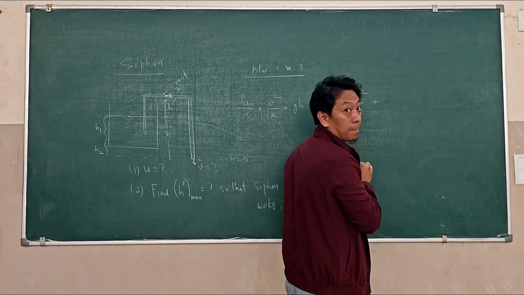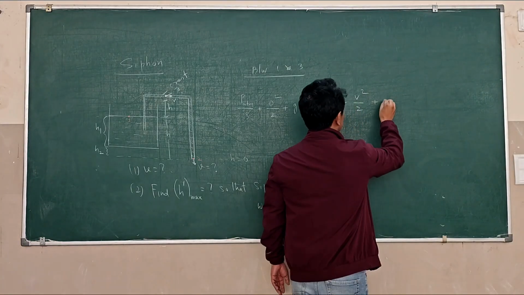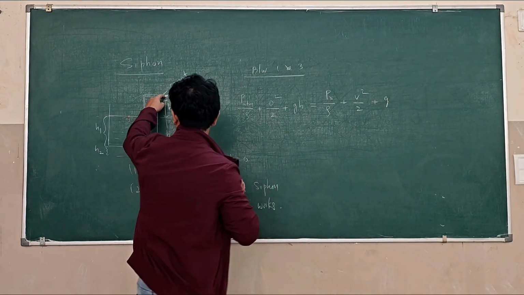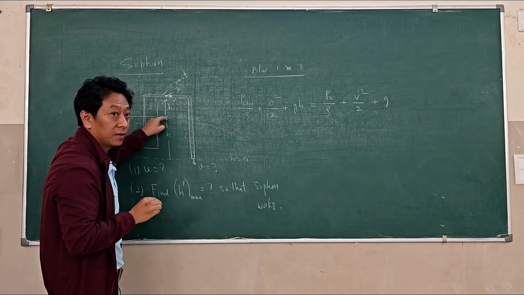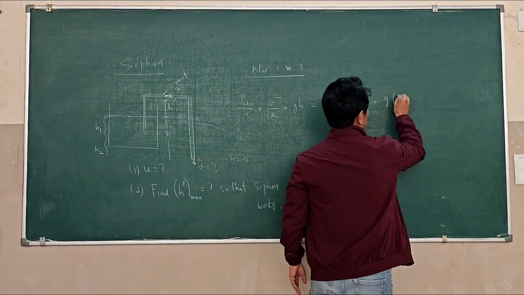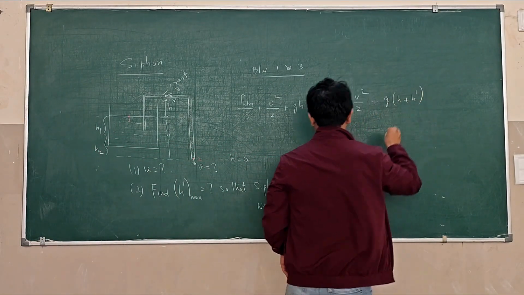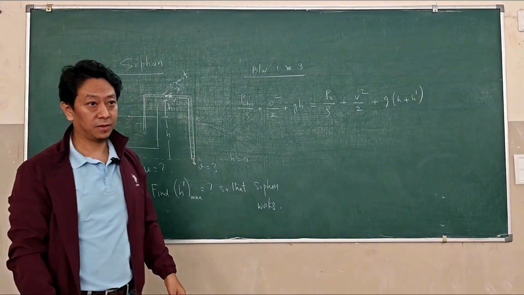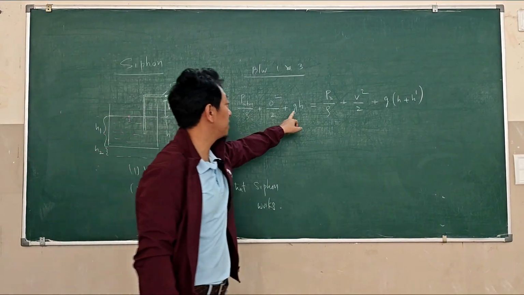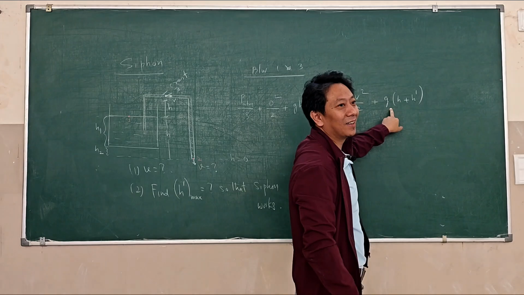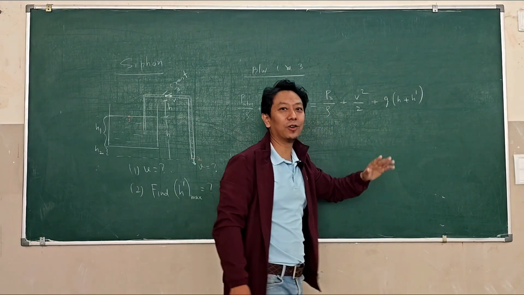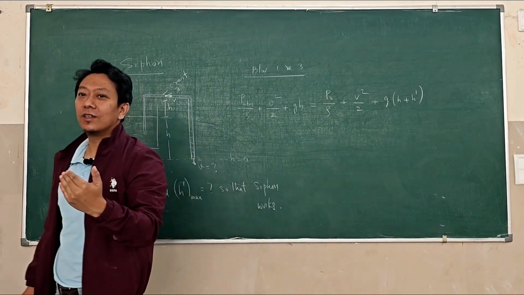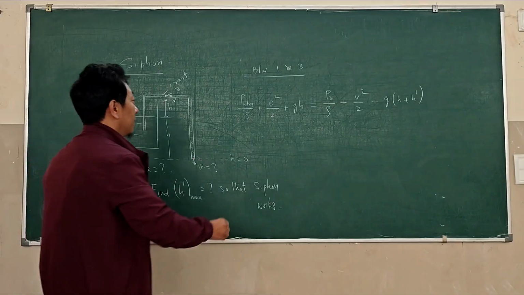Plus g, what is the height of this point? H dash plus H. See, you only wanted to choose height 0 here. If you have chosen height 0 here, immediately H dash will come. Now ultimately the answer will be the same because this gH and this gH will cancel. That's why I told, no, height 0 you can choose anywhere you want.